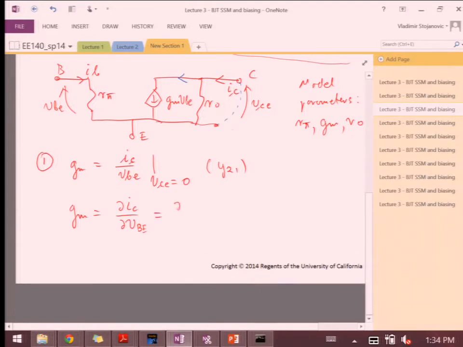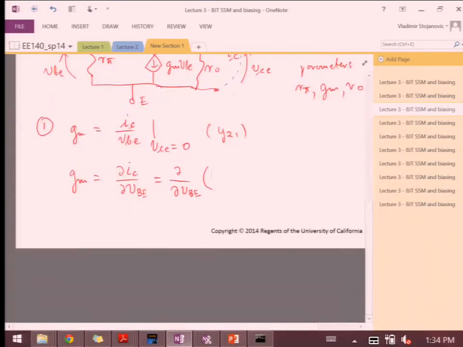I'm just going to write the current without the early effect because I'm looking for changes in VBE, not in VCE. So that term doesn't really matter. And what I'm really going to get, because of this exponential, is just this.